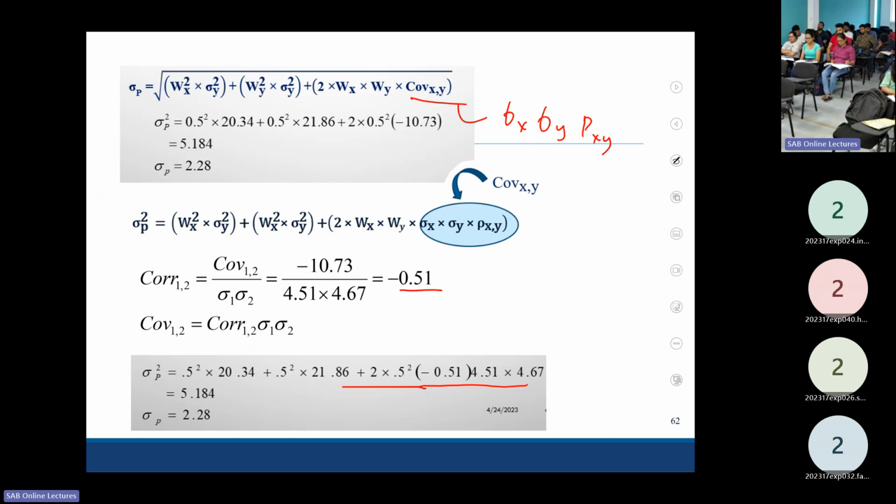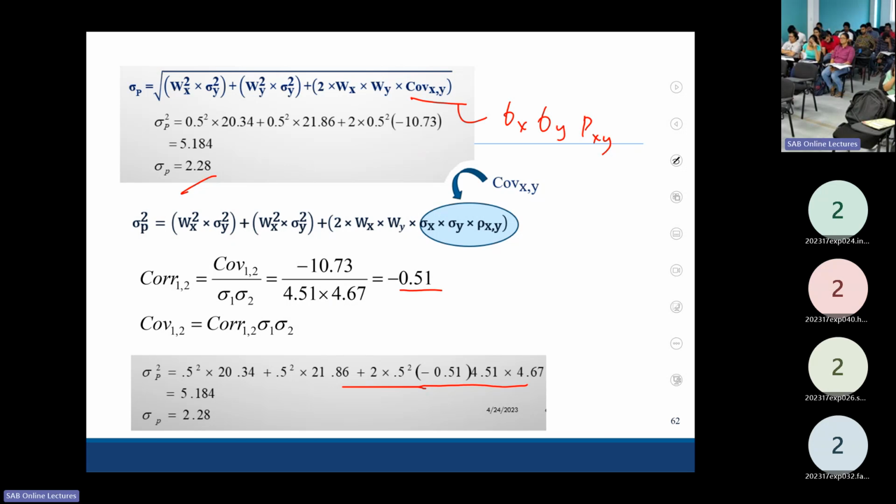That is the ending of our story. The important thing: rather than investing in X and Y separately, you know what the expected return and the risk are. If you construct the portfolio using X and Y, the equally weighted portfolio expected return was 4 point something. This is the portfolio risk, 2.28.